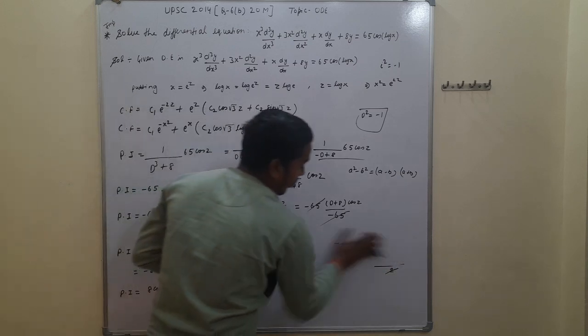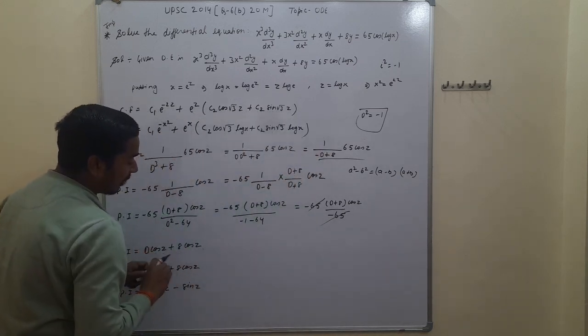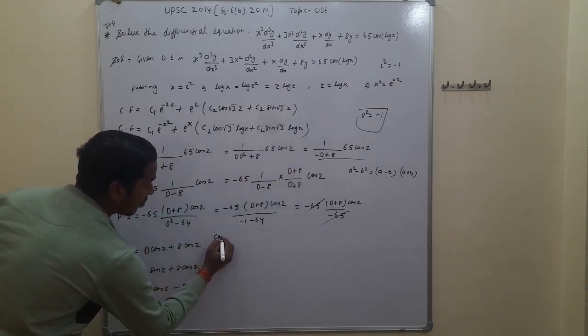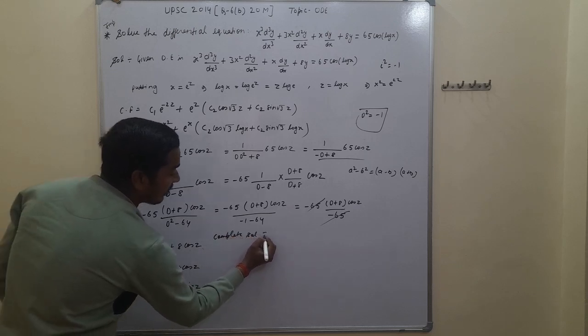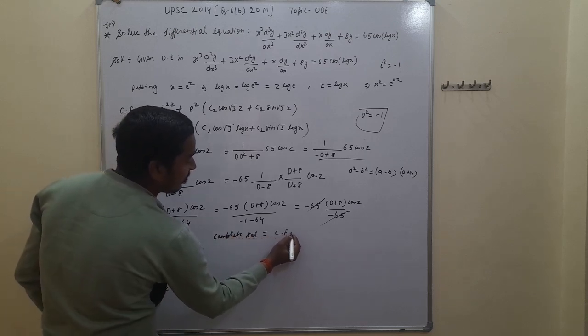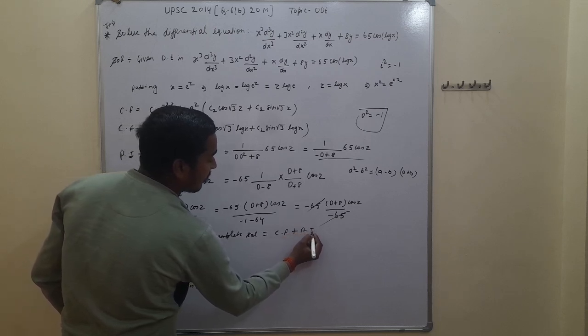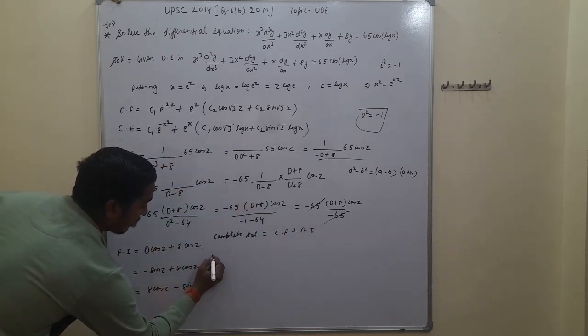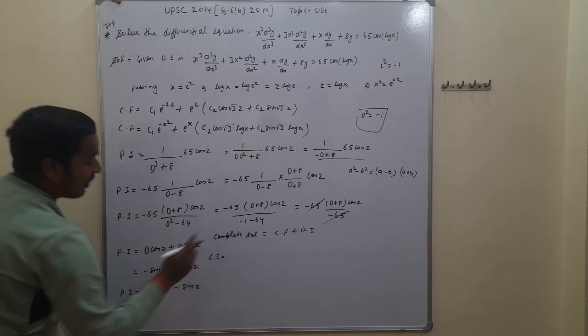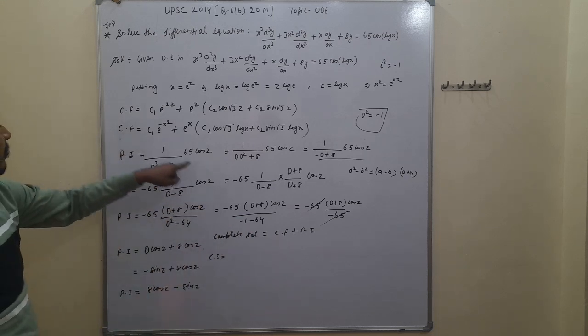Once again we write the complete solution. The complete solution is the complementary function plus the particular integral. First we write the complementary function.